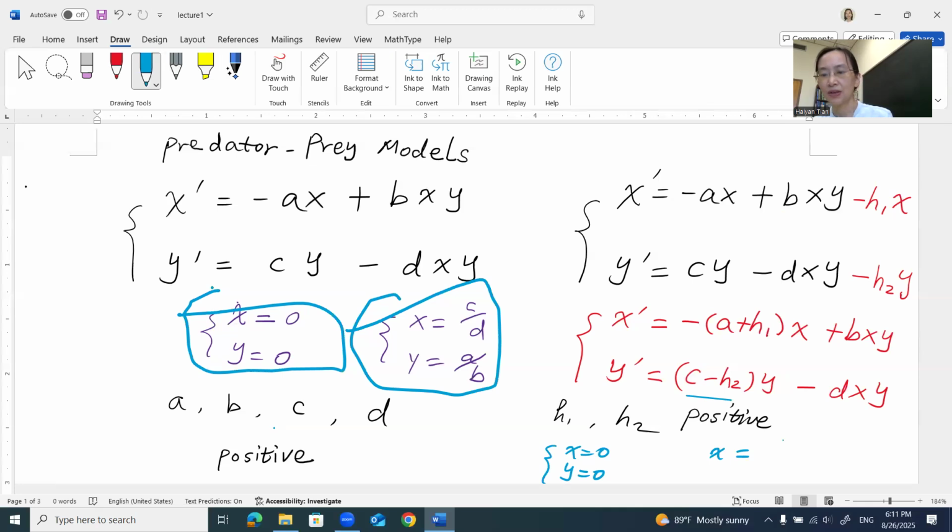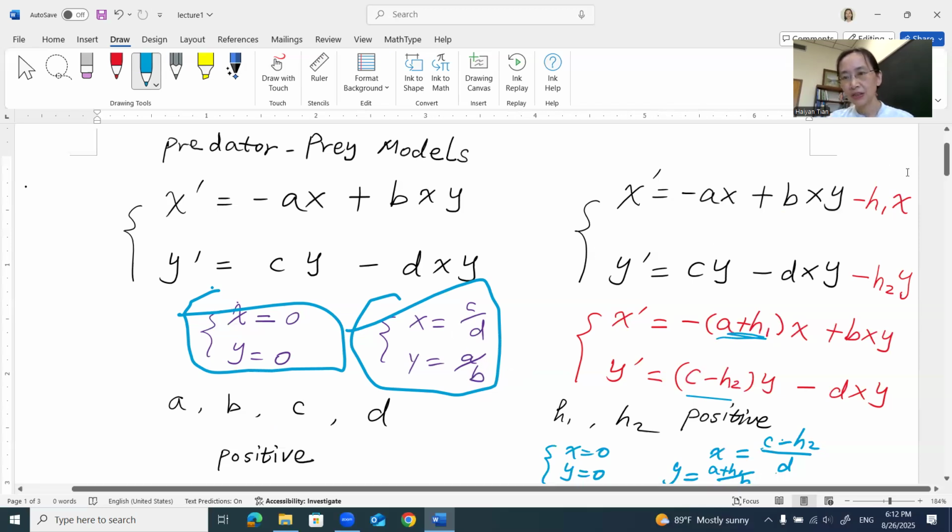Now C is a different value, C minus H2 over D. And Y will be A over B, where A is also a different value, A plus H1 over B. So now we can see the effect of the harvesting.